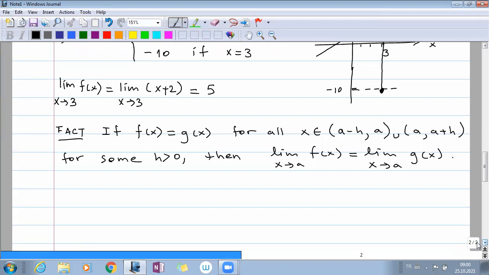Example 4. In the same spirit, for this number h, as long as it is positive, it works.